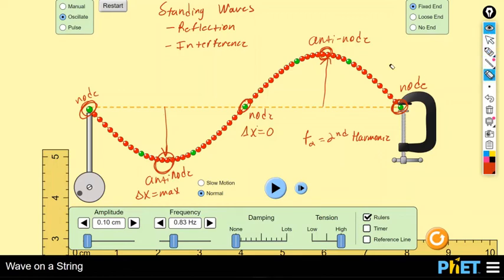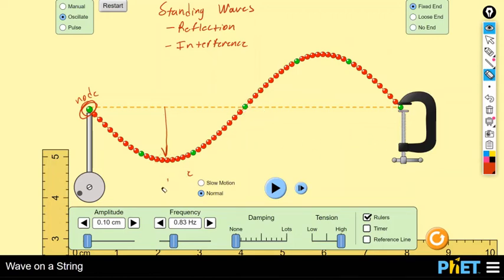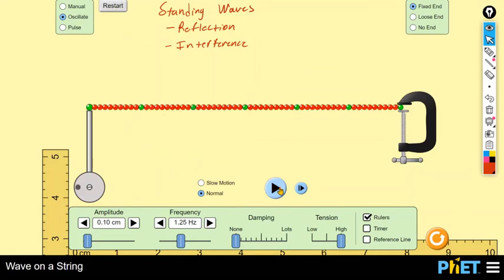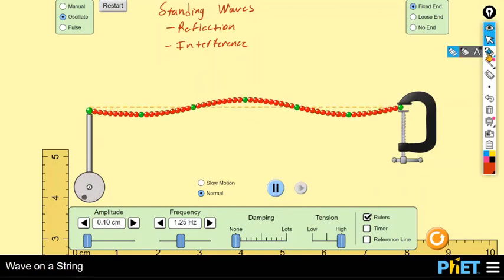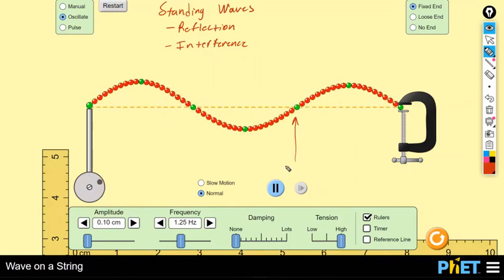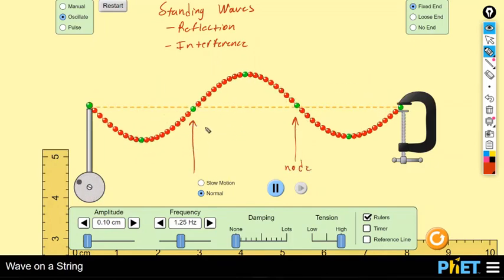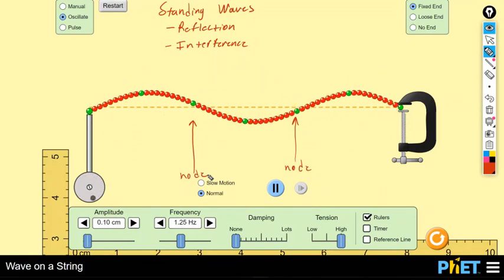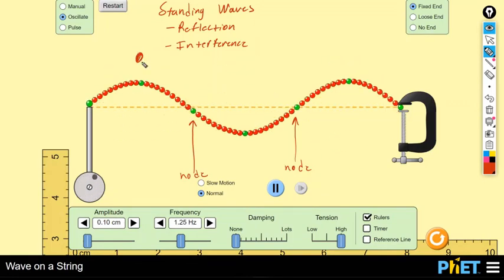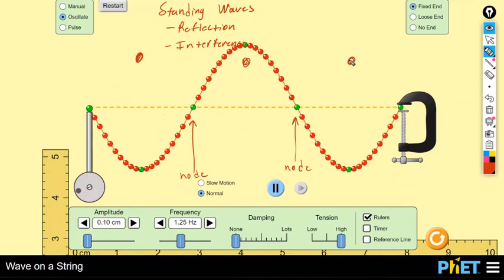Let's look at one more. I'm going to change this to 1.25 now, 3 times as much as my original frequency. Restart it, and let's watch what happens. You're going to see a node form here, and you're going to see a node form here. And then you're going to have 1, 2, 3 antinodes.